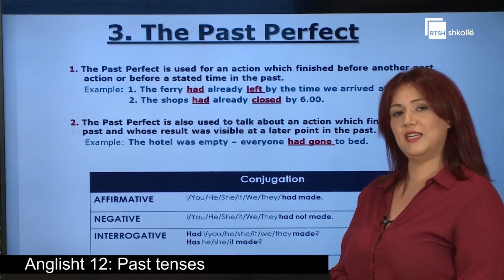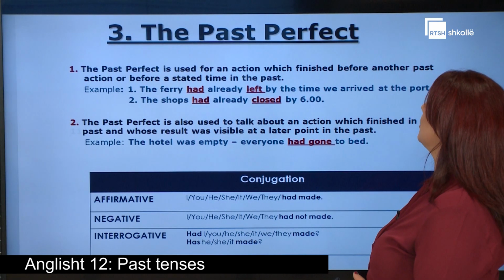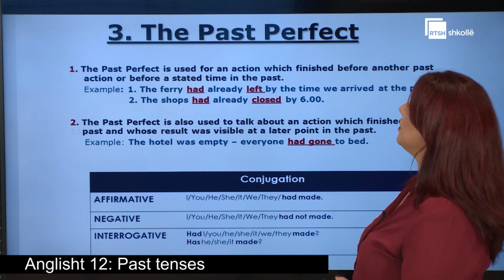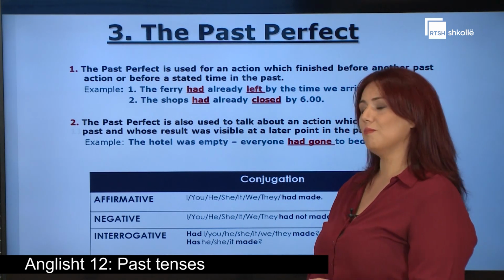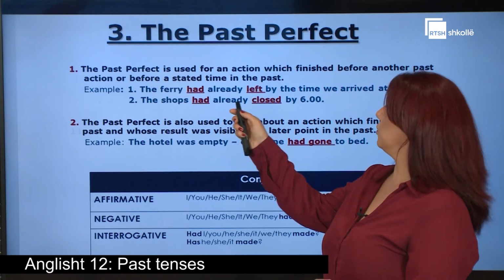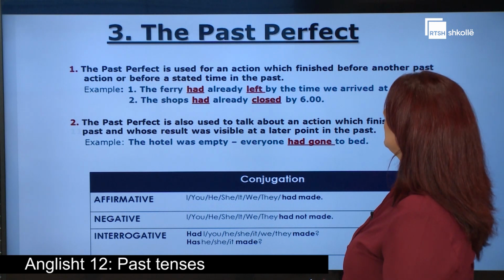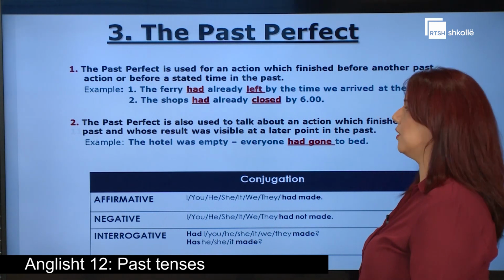Now, the third tense we're going to deal with is the past perfect. It is used for an action which finished before another past action or before a stated time in the past. For example, the ferry had already left by the time we arrived at the port, or the shops had already closed by 6 o'clock.